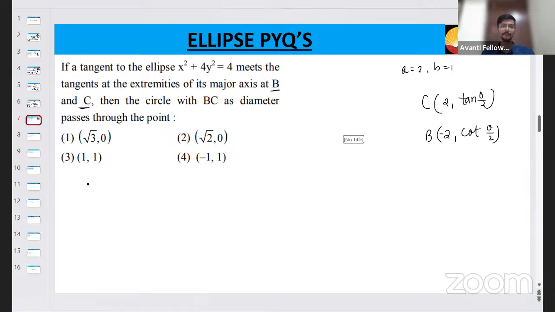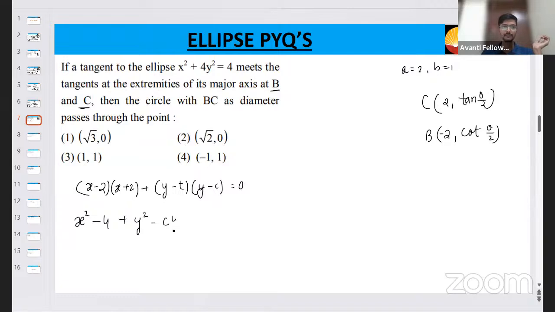So the equation of the circle will be (x − x1)(x − x2) + (y − tan θ)(y − cot θ) = 0. That means we'll get x² + 2x − 2x will get cancelled, − 4 + y² − cot θ into y − tan θ into y + 1 = 0.